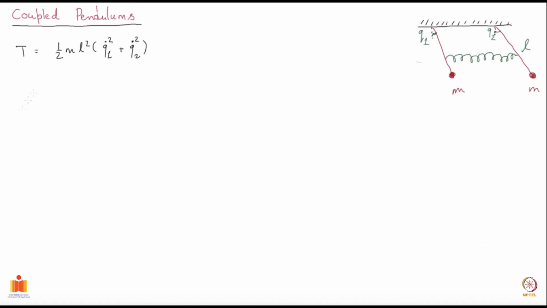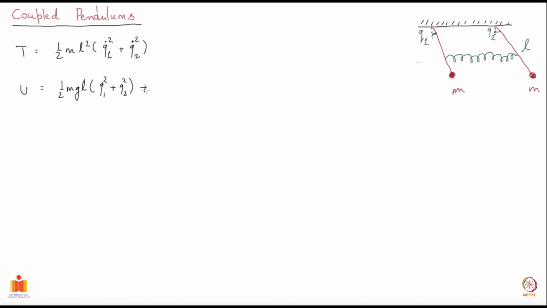The potential energy will have two components, one coming from these masses moving in the gravitational field of Earth. That gives you half m g L, q1 square plus q2 square. This you can easily find.